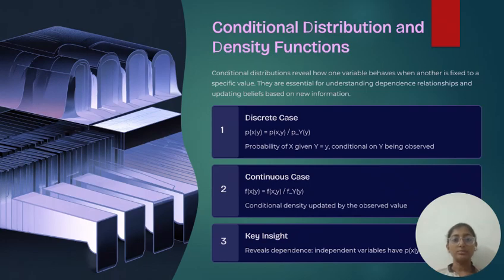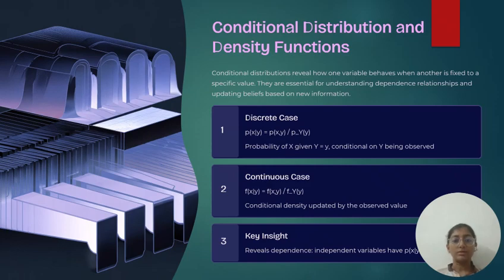Conditional distributions reveal how one variable behaves when another is fixed to a specific value. They are essential for understanding dependence relationships and updating beliefs based on new information.